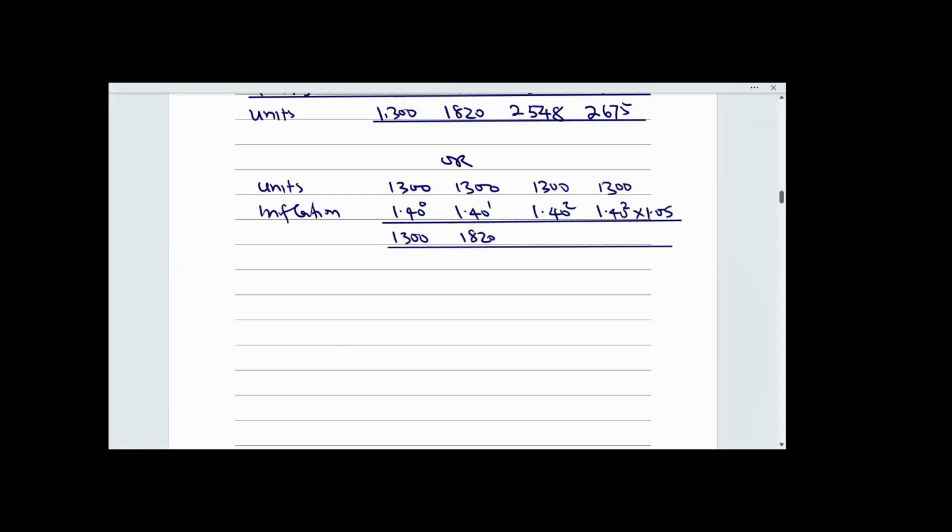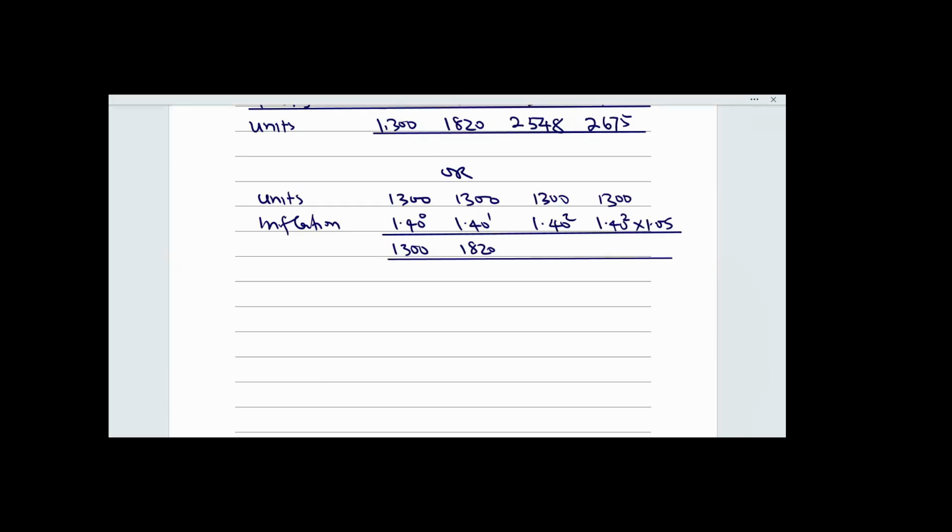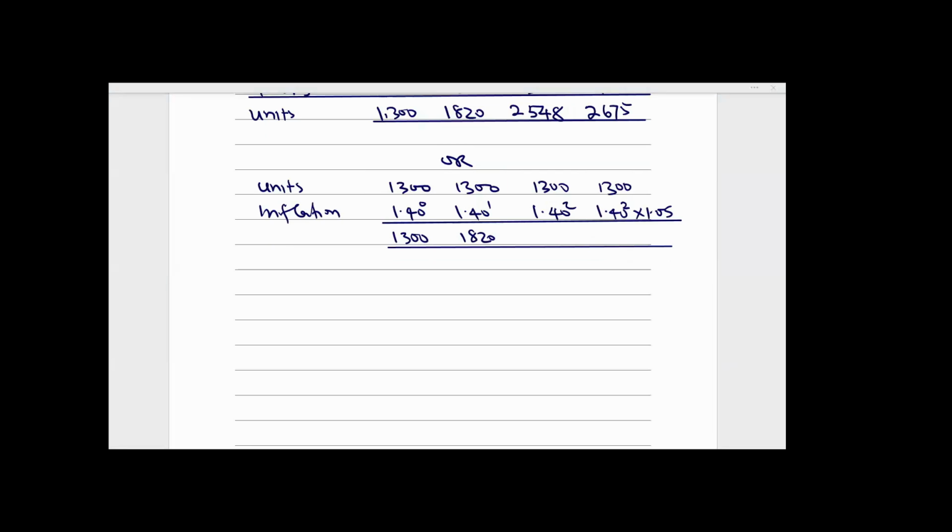Right? Then the third year, 1.40 raised to power 2, then multiply by 1,300 equals 2,548.